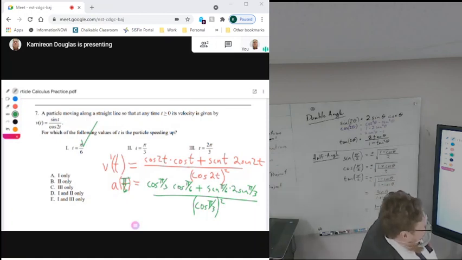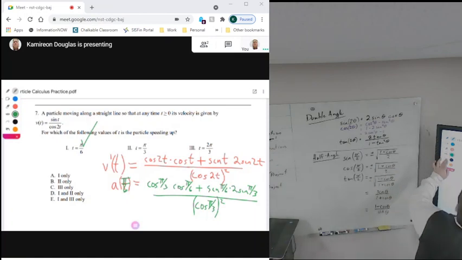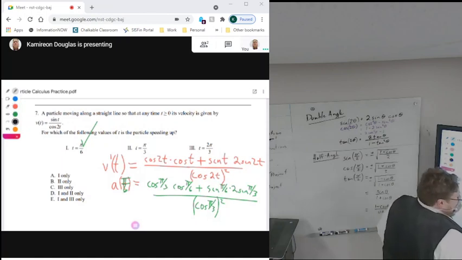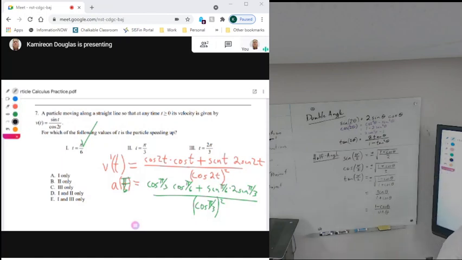So now I plug in pi over 3 and 2 pi over 3. I plug in pi over 3, so I'm going to do an acceleration of pi over 3.